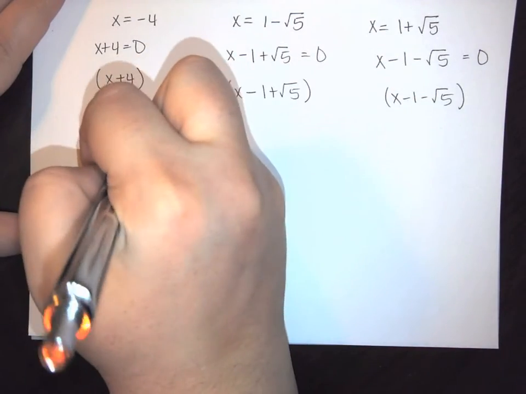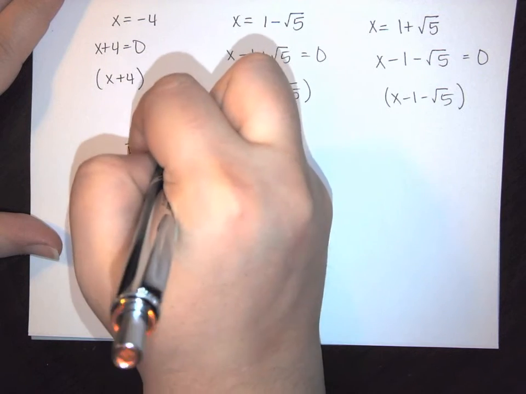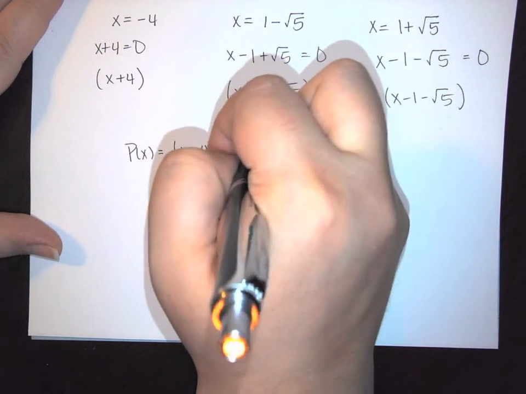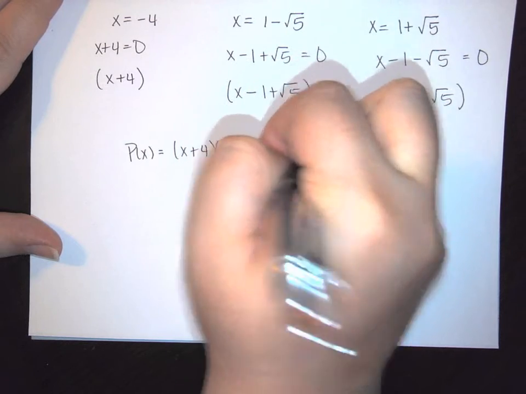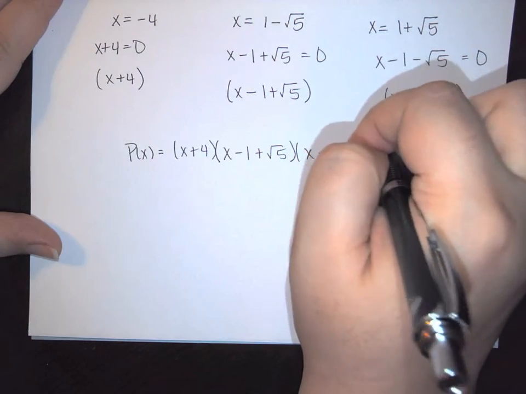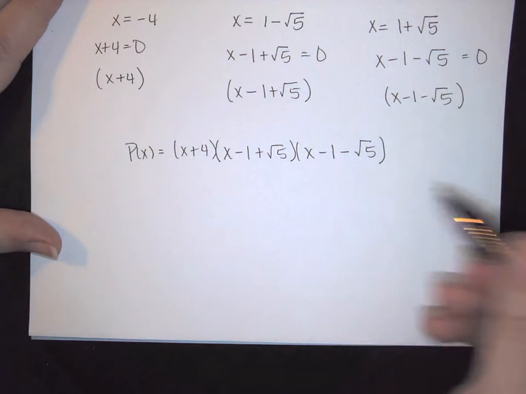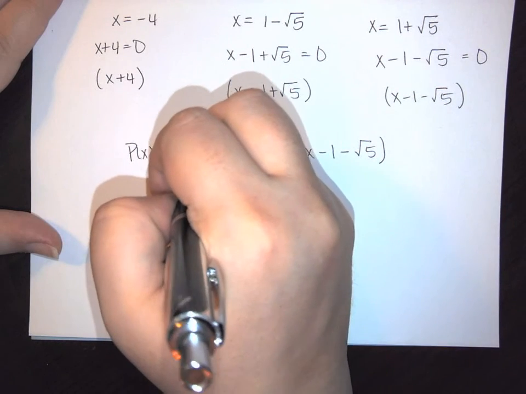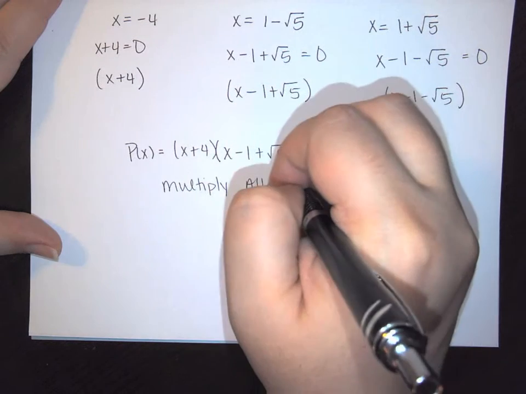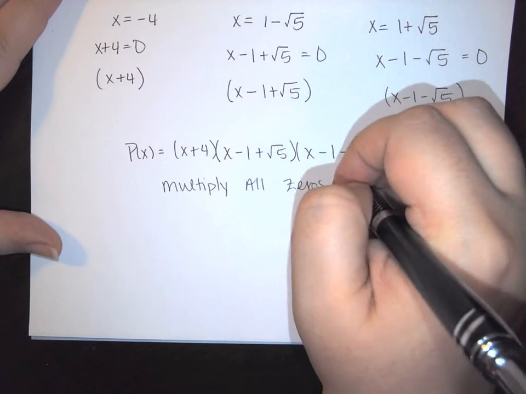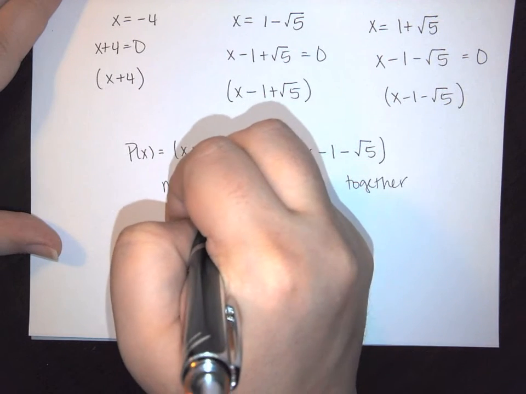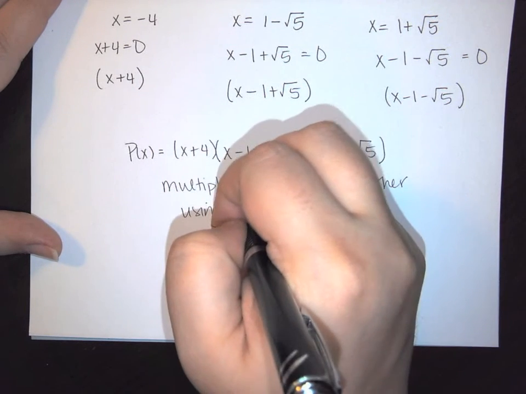So my polynomial is going to equal x plus 4 times x minus 1 plus the square root of 5 times x minus 1 minus the square root of 5. So what you have to do here is you are going to multiply all the factors together using the distributive property.